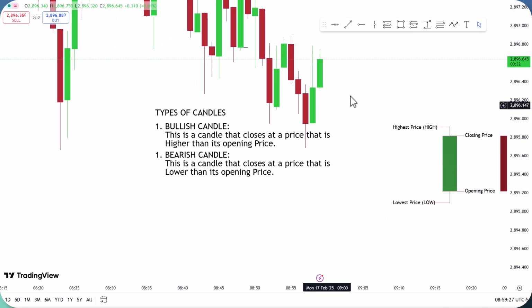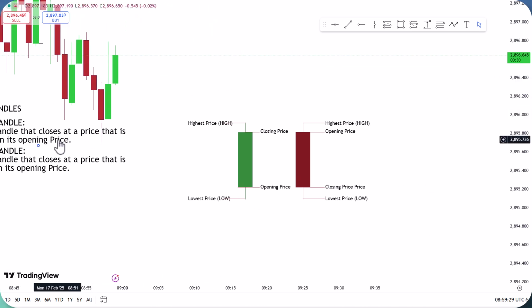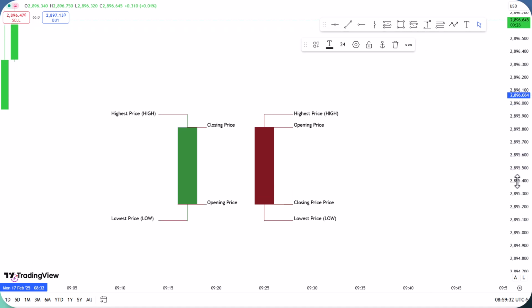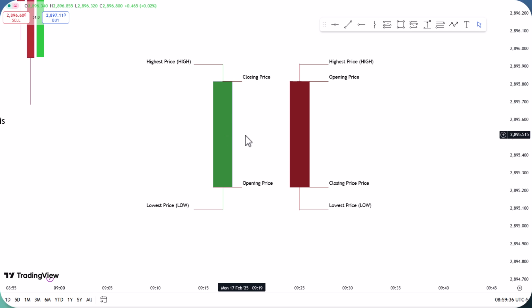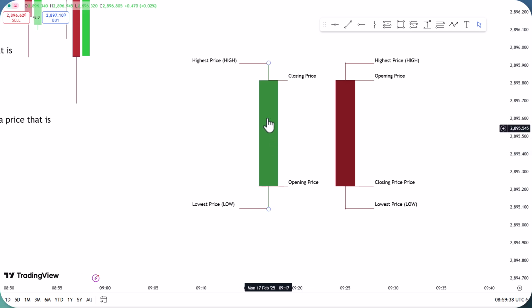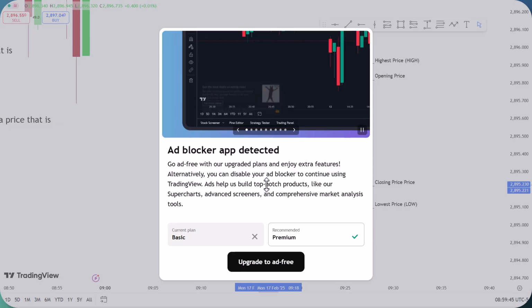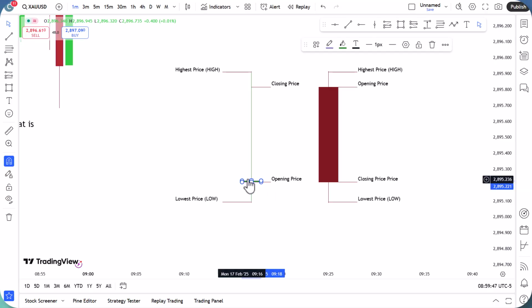So I have a representation over here. Now, as you can see, like I said, in the case of a bullish candle that we have over here, the closing price is higher than its opening price. So let's say the candle opens somewhere over here, right? It goes up.